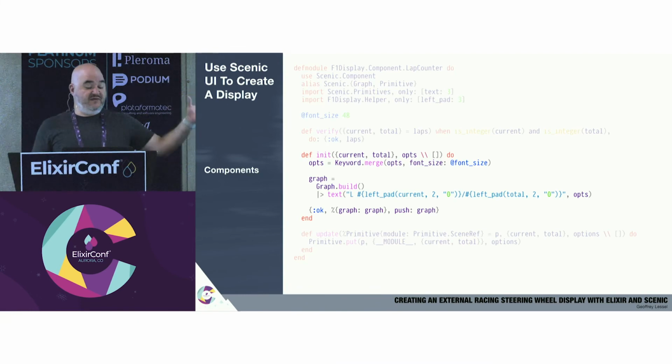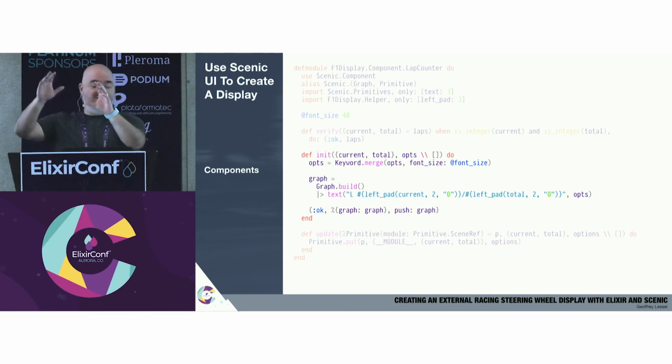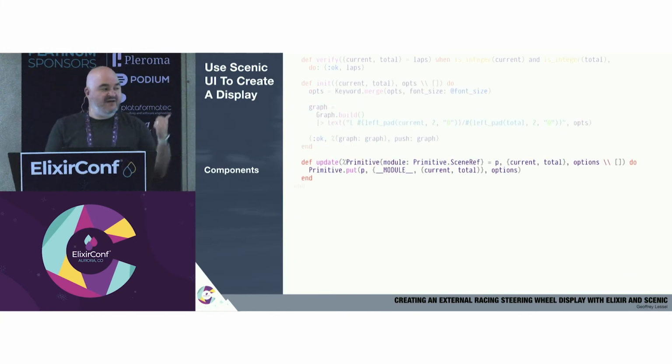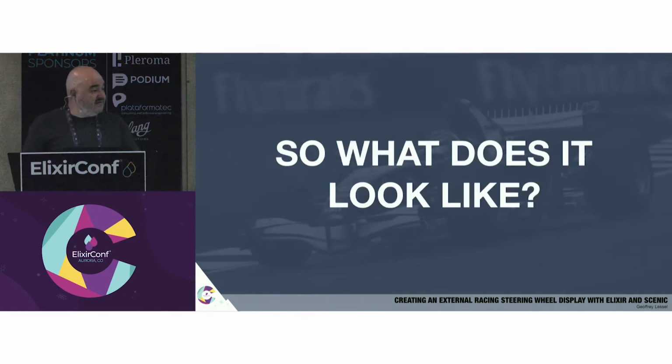So you can see here I'm just building a new graph, which is what each component does, and have a text primitive that has L, and then the current lap, and then a slash, and then the full laps. So L is my lap counter text. And then our update basically takes the new information we receive and updates the state through this. So what does all this look like?